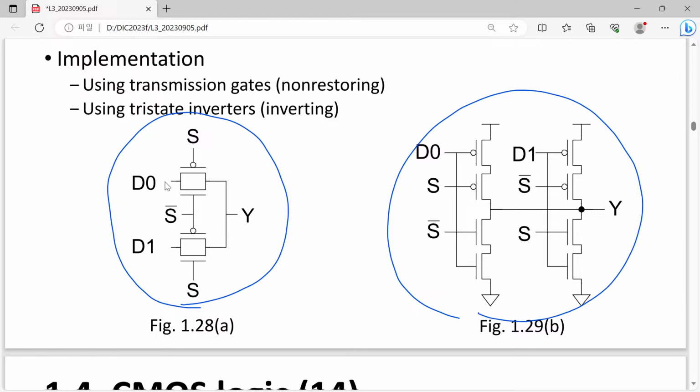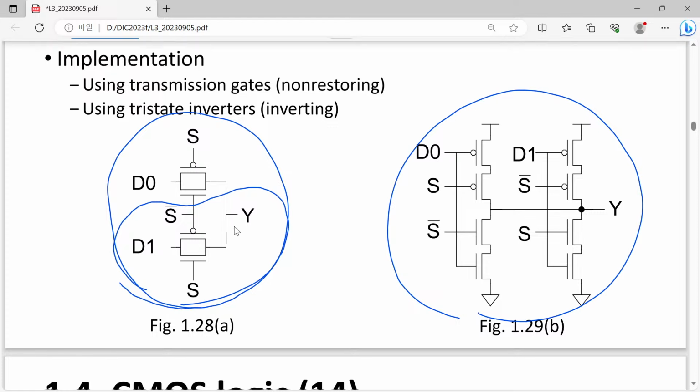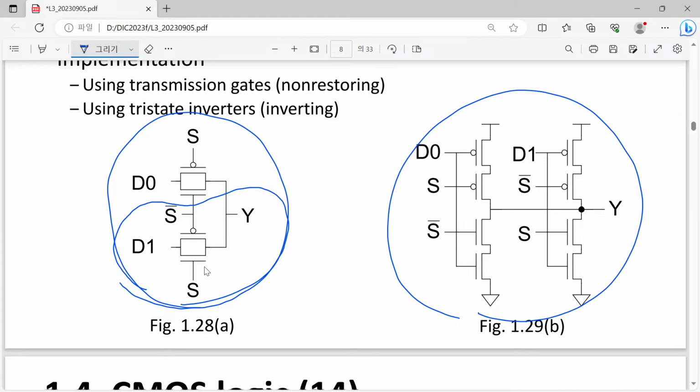Although we have 4 transistors, first of all, let's concentrate on the D1 path from D1 to Y. Then you can find that this is nothing but a tri-state buffer controlled by our S signal. When S signal is equal to 1, it is working as a buffer. And when S signal is 0, this path is deactivated.